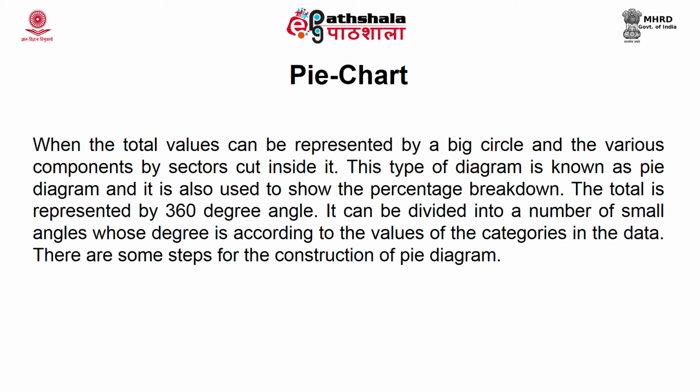It is also used to show the percentage breakdown. The total is represented by a 360-degree angle. It can be divided into a number of small angles whose degrees are according to the value of the categories in the data. There are some steps for the construction of a pie diagram.